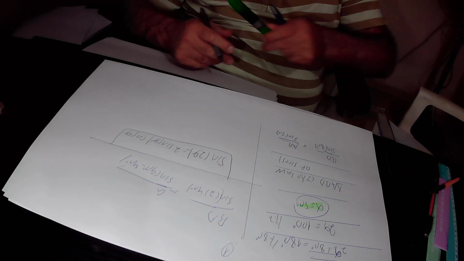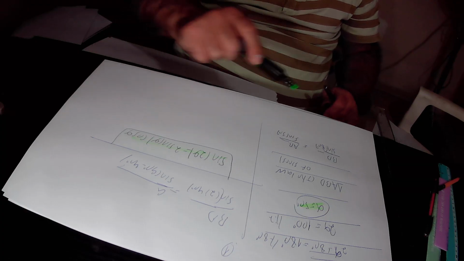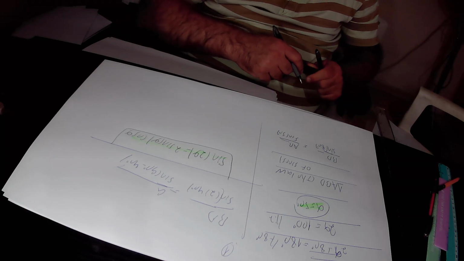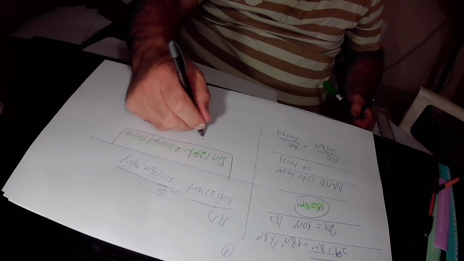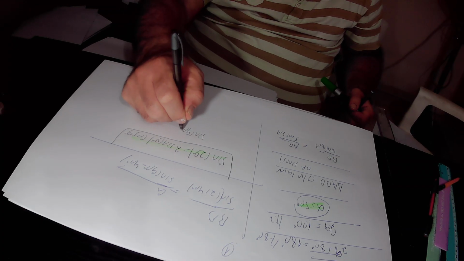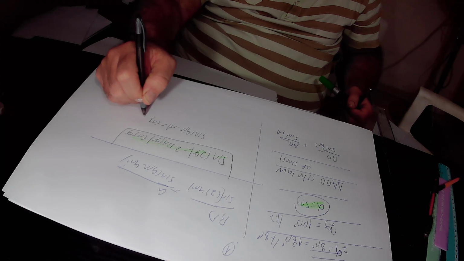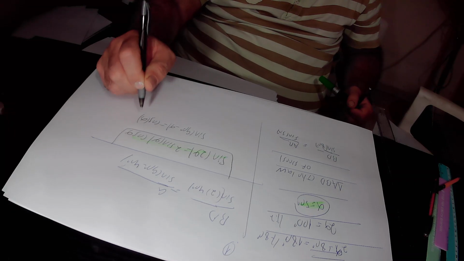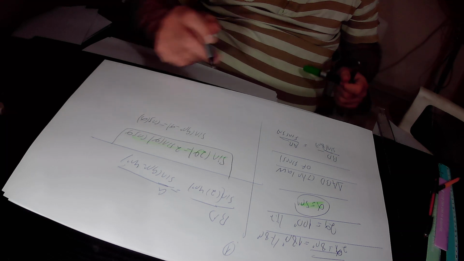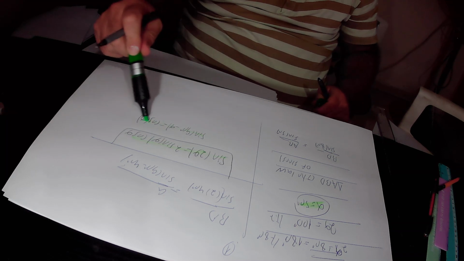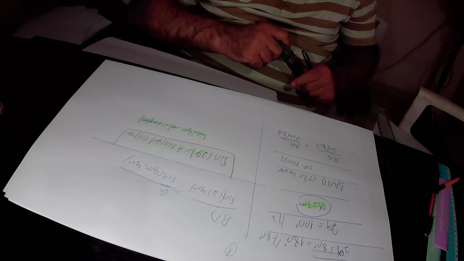And another trigonometric identity is as follows: sine 90 degrees minus alpha equals cosine alpha. This is the second trigonometric identity that we use in our equation.